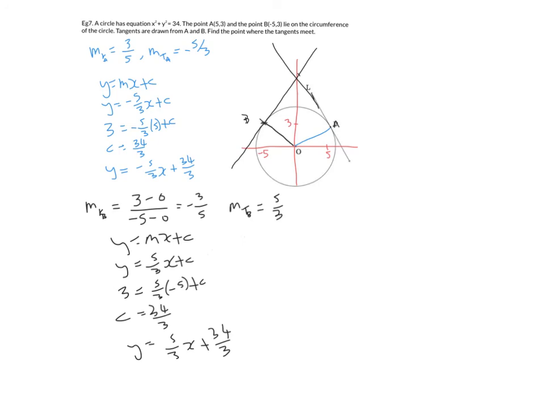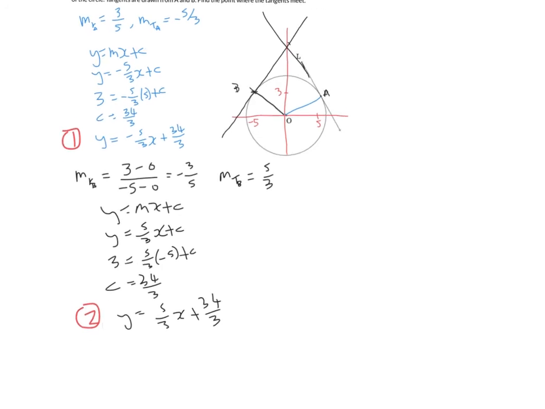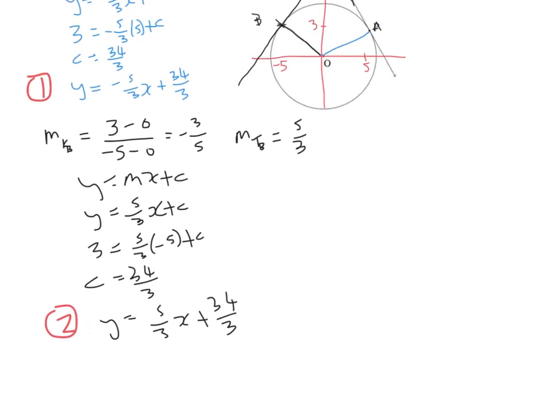Well, to find out where two lines intersect, let's call this one number 1 and number 2, generally to find out where two lines intersect, you can put them equal to each other. You solve them simultaneously. So to solve those two simultaneously, I can say that 5/3 x plus 34 over 3 equals the other equation, the first one, minus 5/3 x plus 34 over 3.